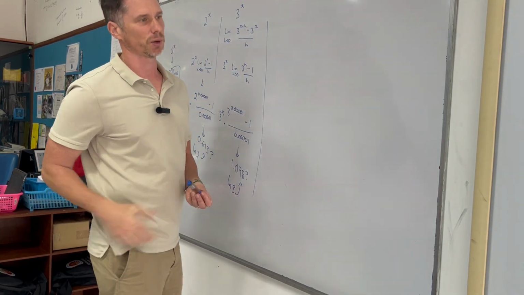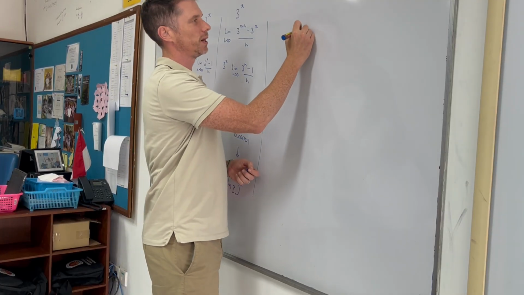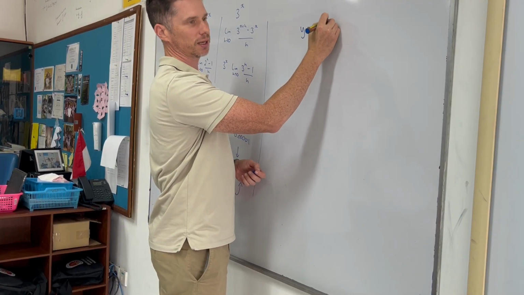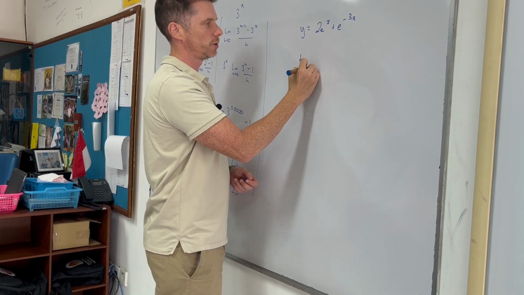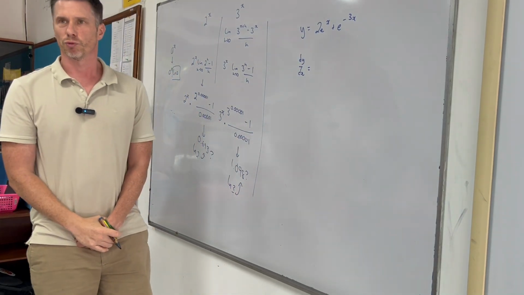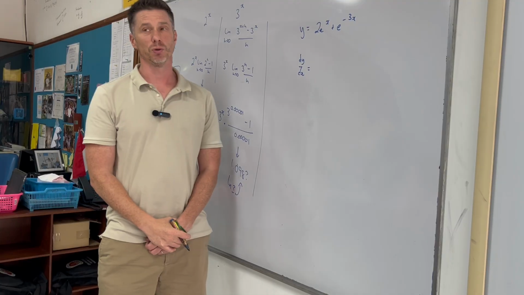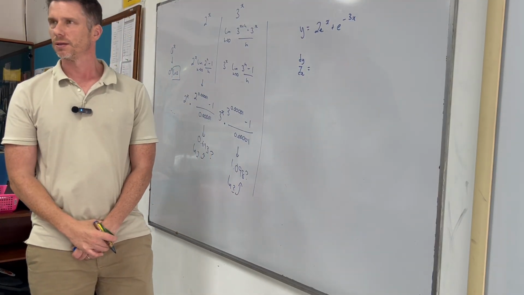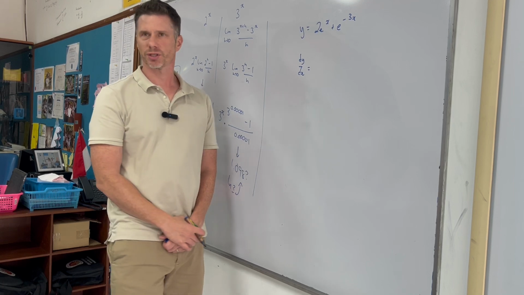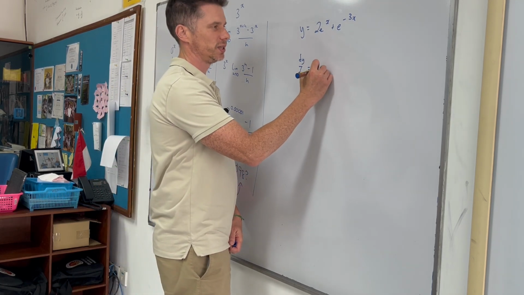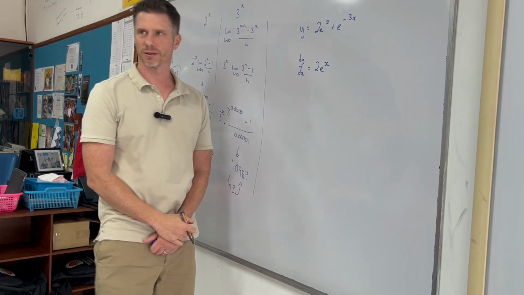I want to find the gradient function. If my y is 2 e to the x plus e to the minus 3x, what would my derivative or my gradient function look like? What is going to be the derivative of 2 e to the x? It is just 2 e to the x.